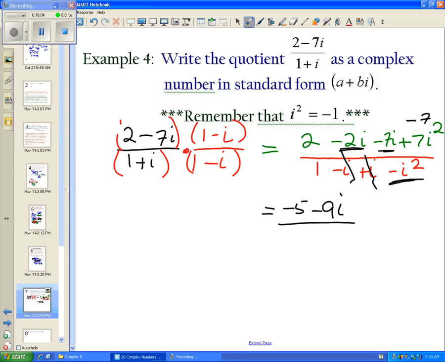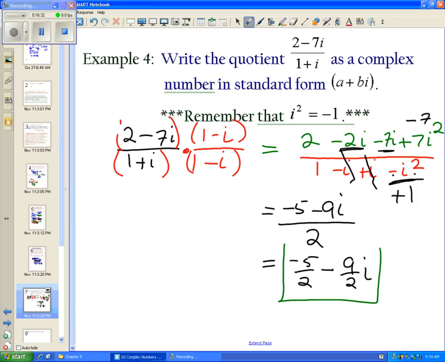Negative i squared becomes positive 1 because i squared is negative 1. 1 plus 1 is 2. Now I can break it over the subtraction and have negative 5 halves minus 9 halves i, or 9i divided by 2. Either of those are the same number, but there is my final answer as a complex number.